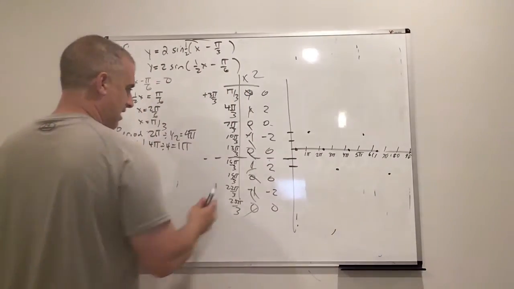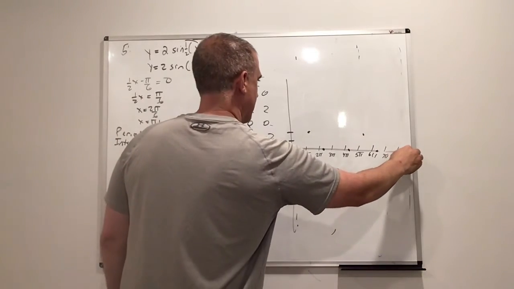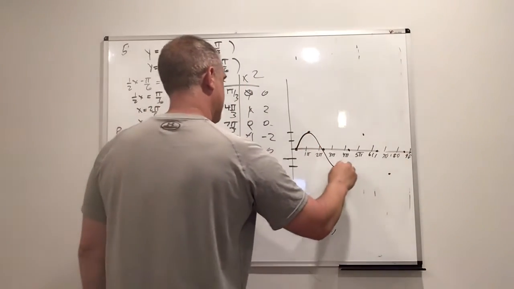Okay, and then 25/3 would be 0. Okay, so this is what my graph would look like.